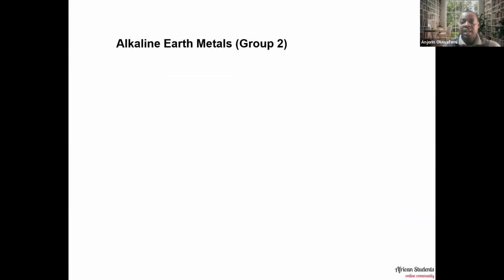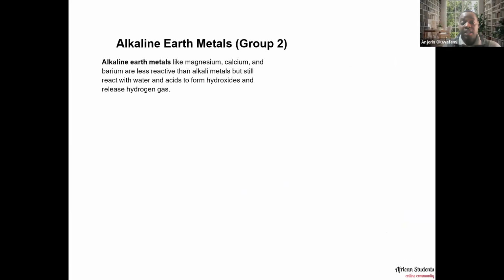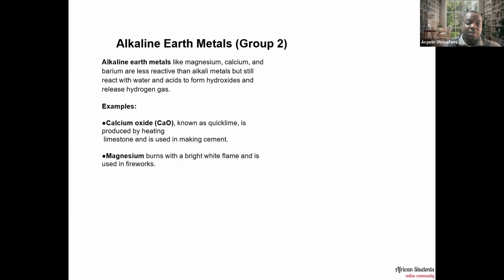Then we have the alkaline earth metals, which are the group 2 elements. Alkaline earth metals like magnesium, calcium, and barium are less reactive than alkali metals, but still react with water and acid to form hydroxides and release hydrogen gas. For example, calcium oxide, known as quicklime, is produced by heating limestone and is used in making cement.